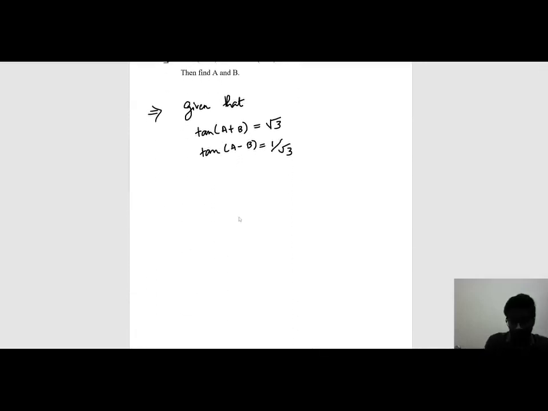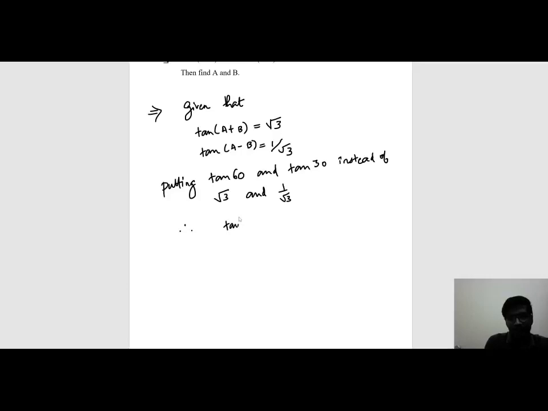Putting tan 60 and tan 30 instead of root 3 and 1 by root 3. Therefore, what will we get?